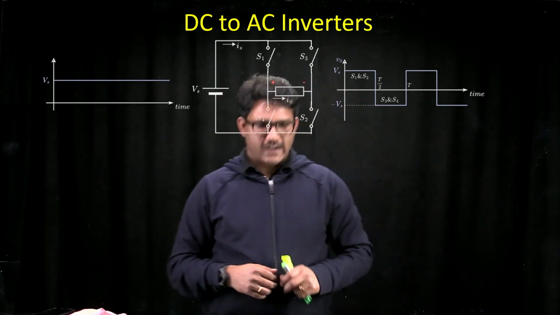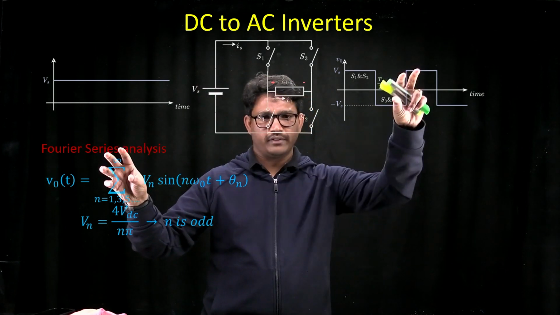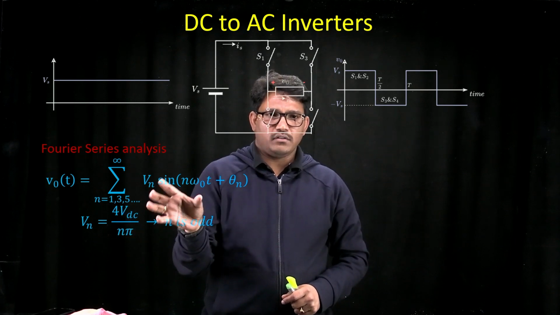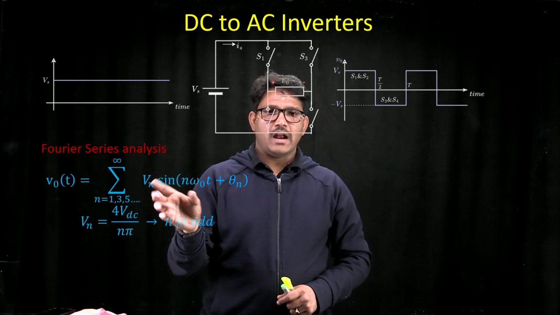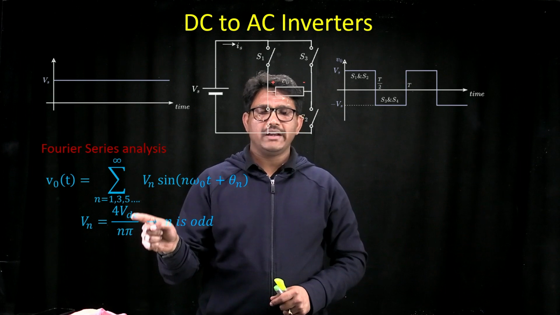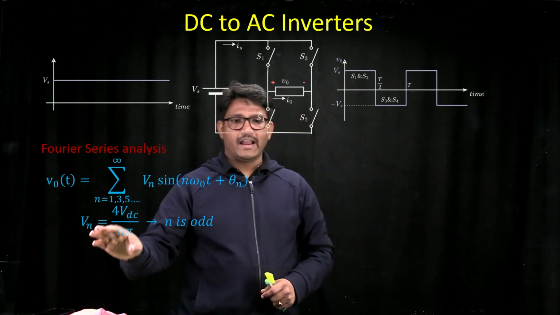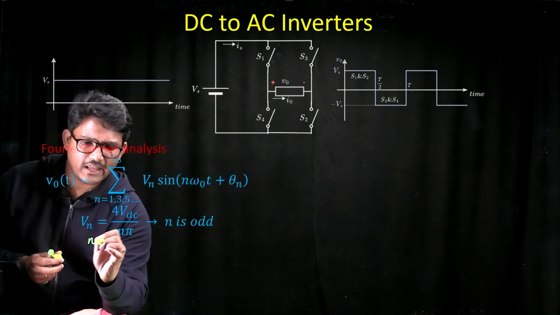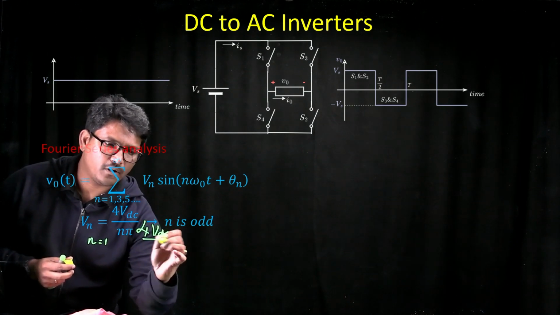So now we understand that the Fourier series expansion of this square wave is just an algebraic sum of various sinusoidal functions having odd frequencies. And the peak value for every odd frequency is 4VDC upon n pi. For n equal to 1, it is 4VDC upon pi.